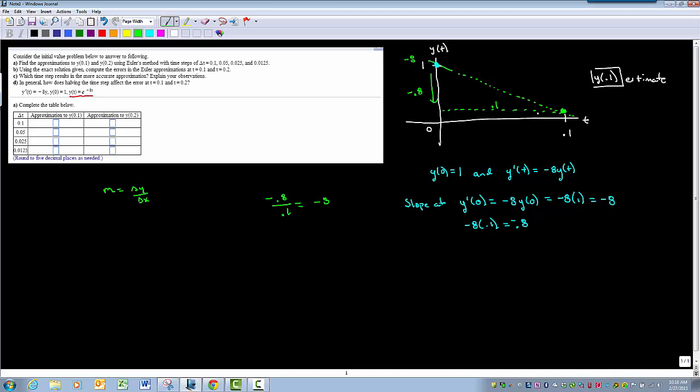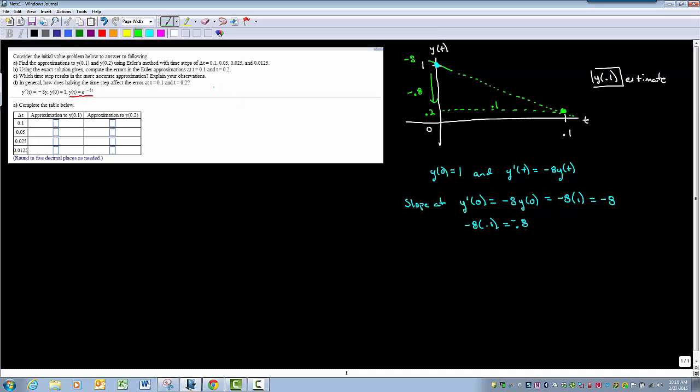Okay, so I found this point. The estimate for this point is at a height value of 1, take away 0.8, so it's at a height of 0.2.